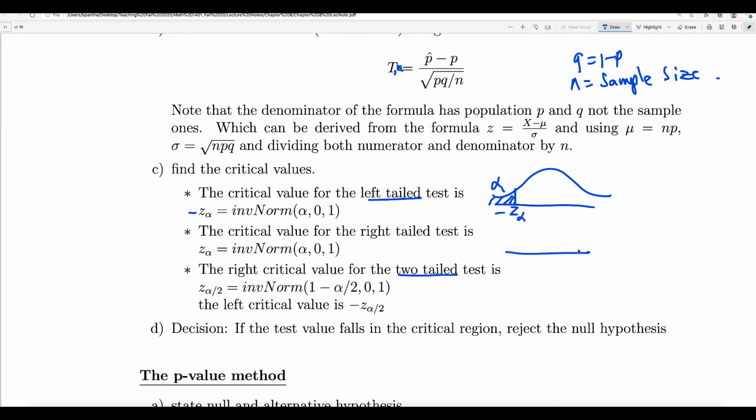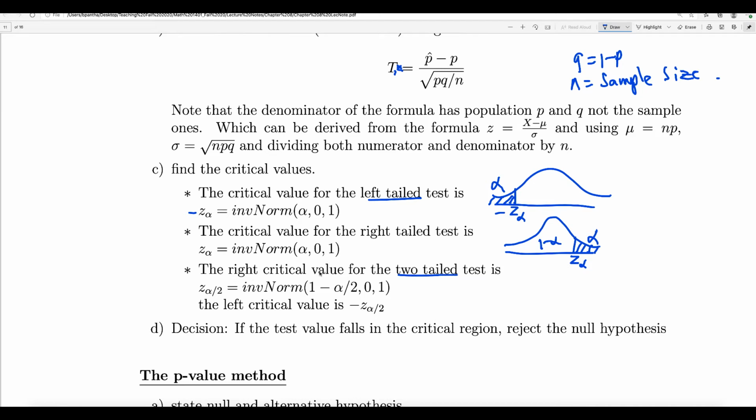For the right tail test, you need to find positive Z alpha. Your inverse norm needs the left area, so 1 minus alpha will be the left area. If alpha is 0.05, 1 minus alpha will be 0.95. That will give you that value.